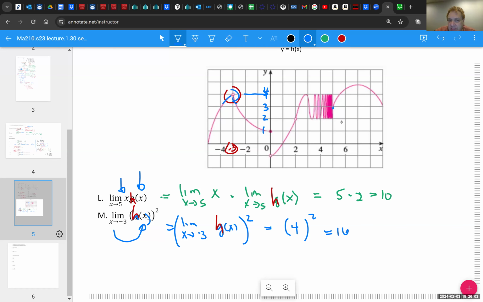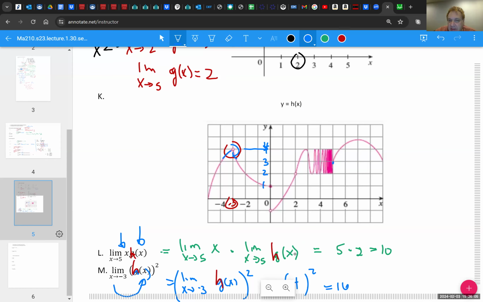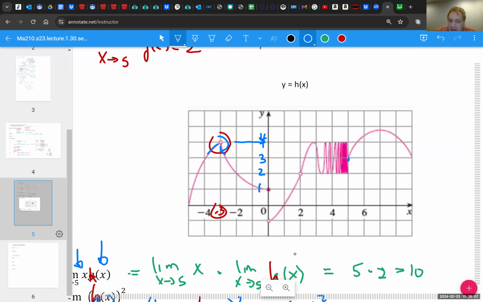I know that looking at it from the right-hand side, numbers of x that are larger than 5, it appears to be getting closer and closer to a y value of 3, right? We can see these numbers for y get closer and closer to 3. But on the left-hand side, it's wiggling up and down. It's wiggling so fast up and down that I can barely see anything in this graph. This graph is just going crazy up and down. So I'm not sure if it gets closer to 3 or closer to some other number, or, I don't know, whatever, no number at all.